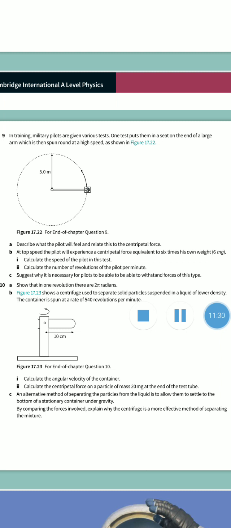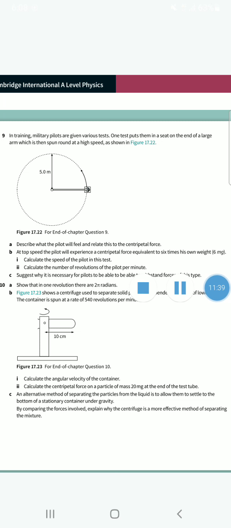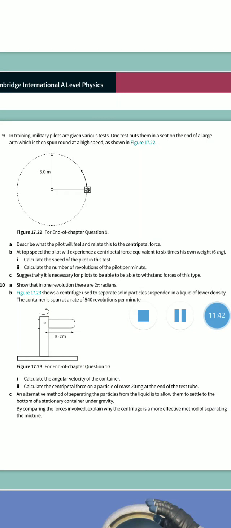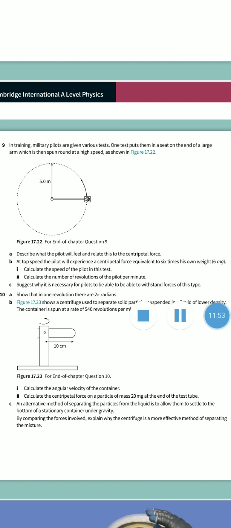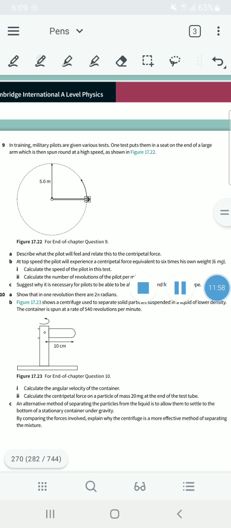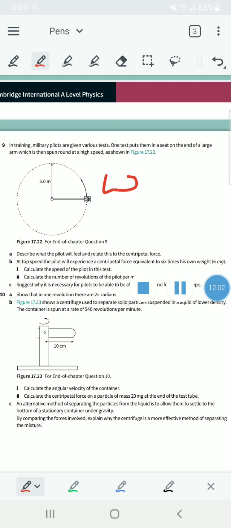Angular velocity is found by the equation omega equals v upon r.